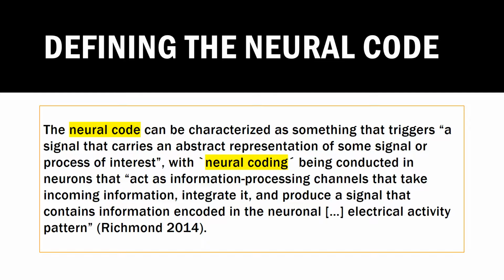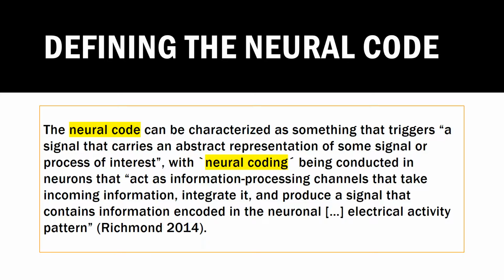And that neural coding is being conducted in neurons that act as information processing channels that take incoming information, integrate it, and produce a signal that contains information encoded in the neural electrical activity.